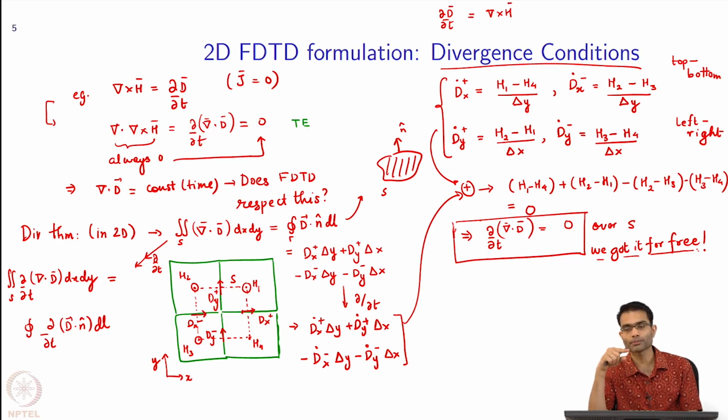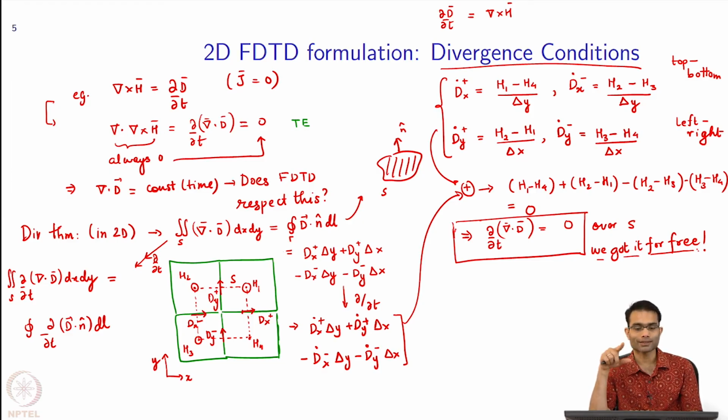So, the dot product will give me 0. Yeah, the other divergence condition will be easier in TM. So, in the case of TE polarization, you could show that divergence of D remains constant. In the TM polarization, we will be able to show that divergence of magnetic field remains conserved. Yeah, that's also true.